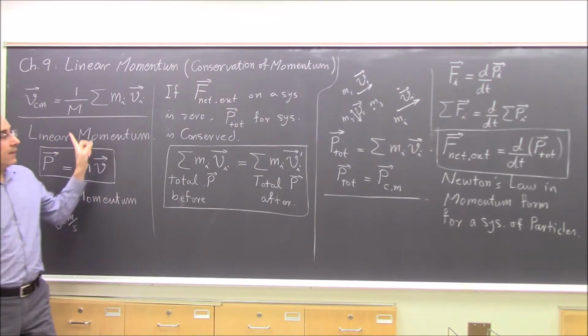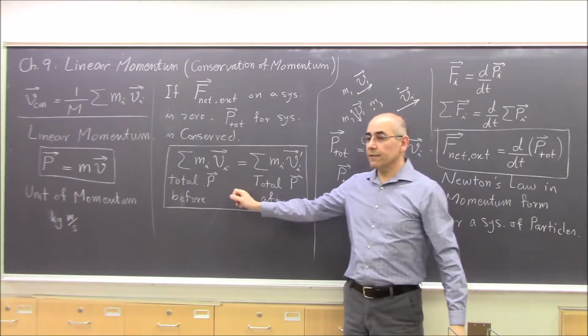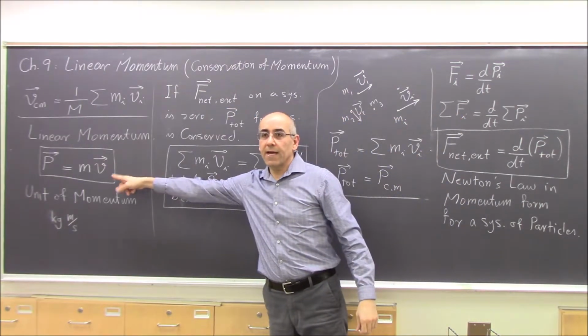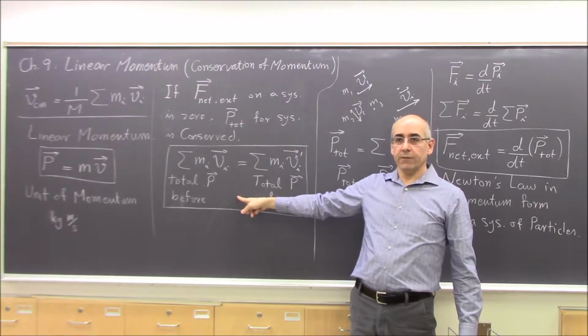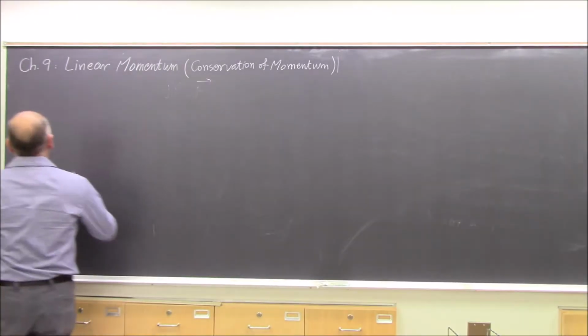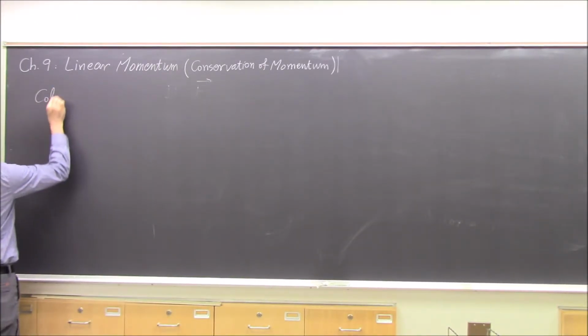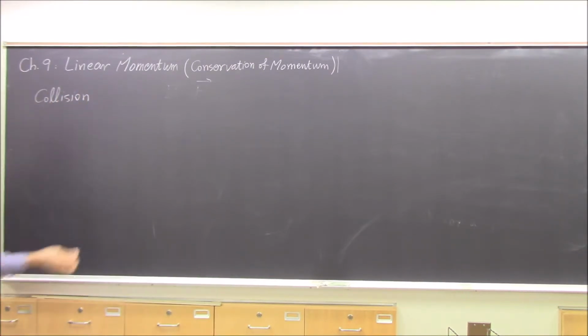All right, so from all this story, what you need to take away is that the momentum defined like that for a system of particles is conserved, especially before and after collision. Let's say, collision, especially between two objects.